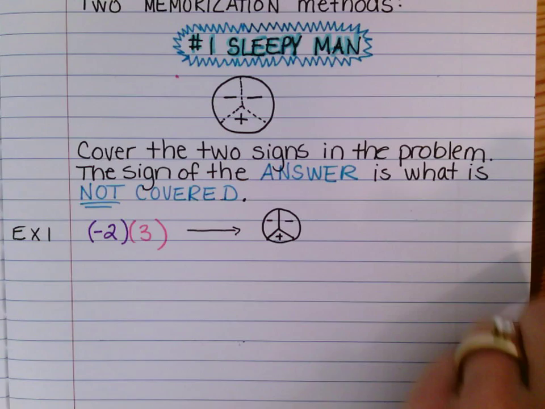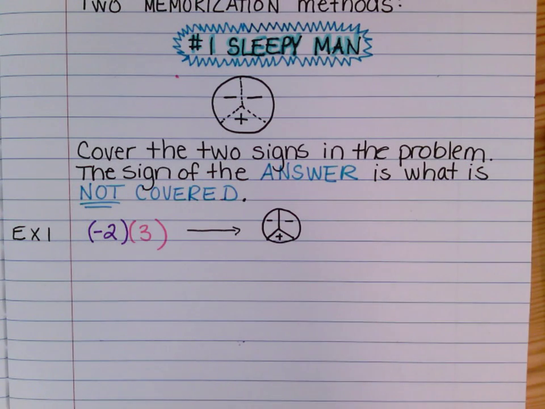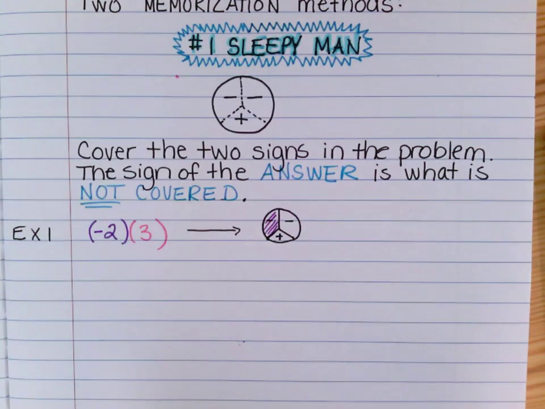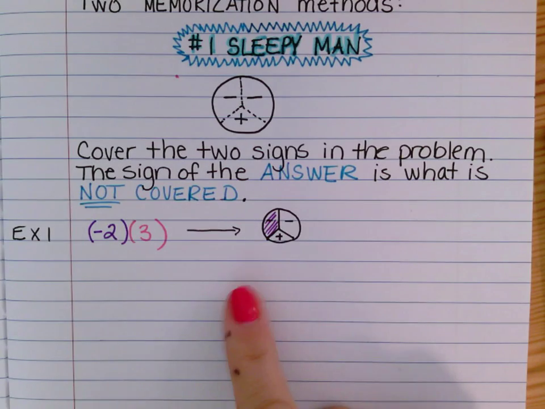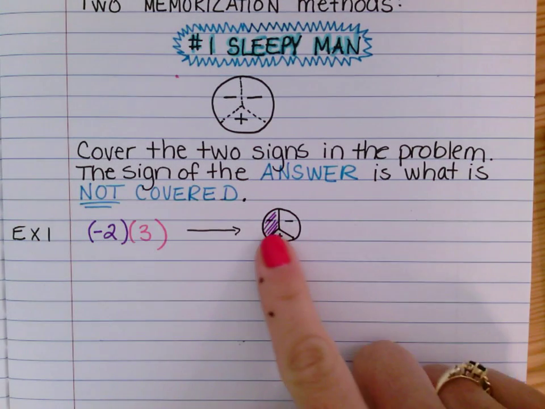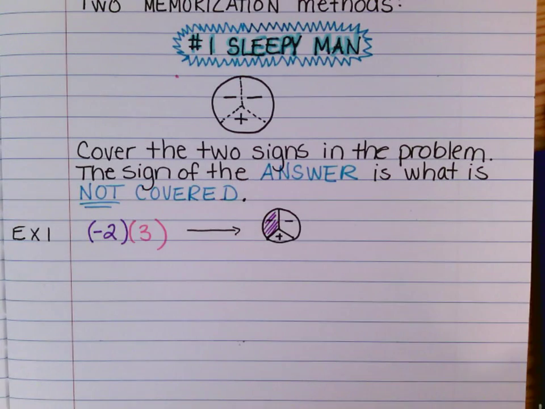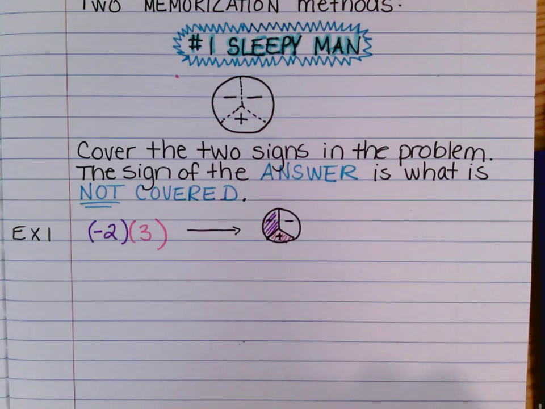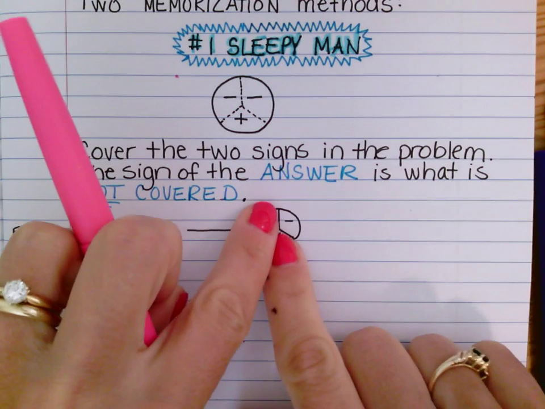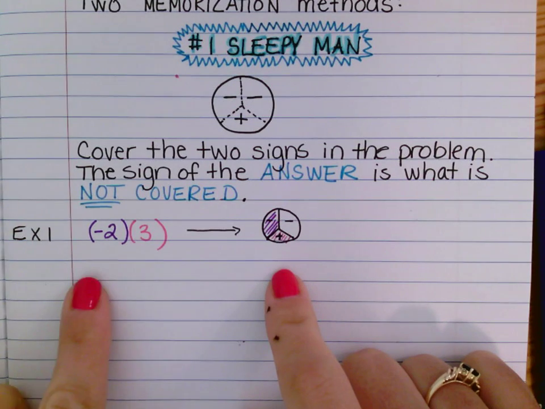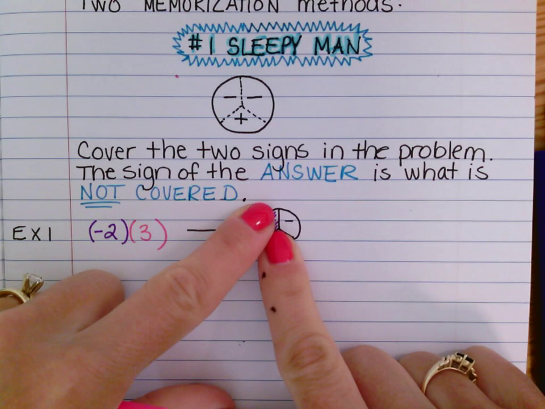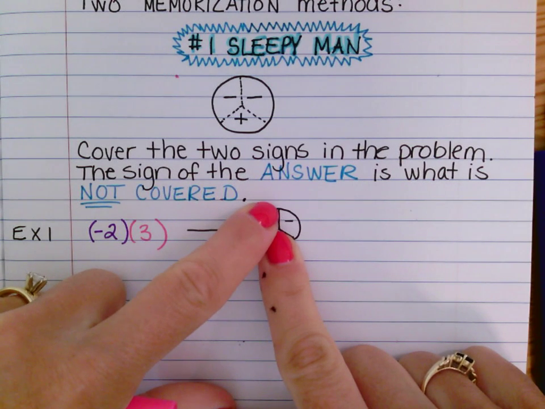So I would cover up one of the negative sections, doesn't matter which one, because of the -2, and I'd cover up a positive section because of the +3. So a negative times a positive, we cover up a negative and a positive, and the answer is what remains, which is a negative.